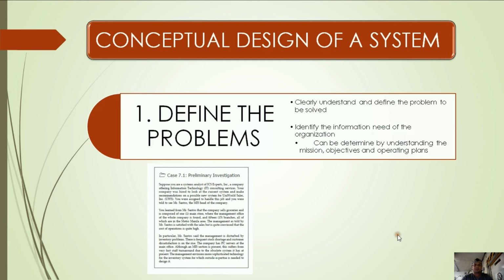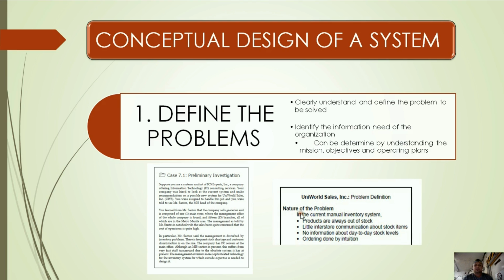In the example in our Module 7, the preliminary investigation of Uniworld Sales, the problems that were defined are the products are always out of stock, little in-store communication, no information about day-to-day stock levels, and ordering done by intuition.